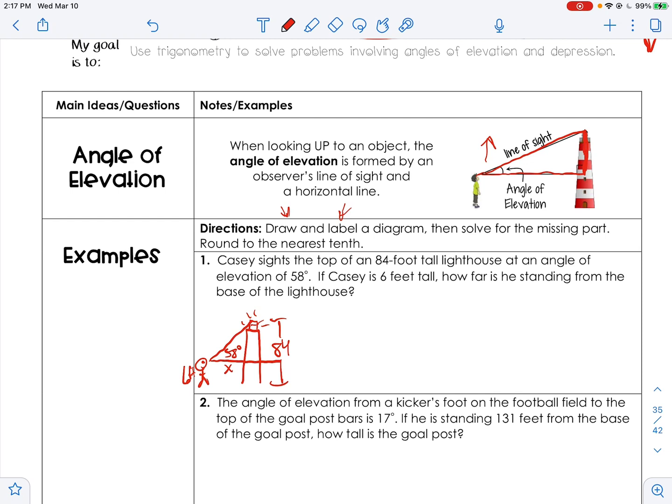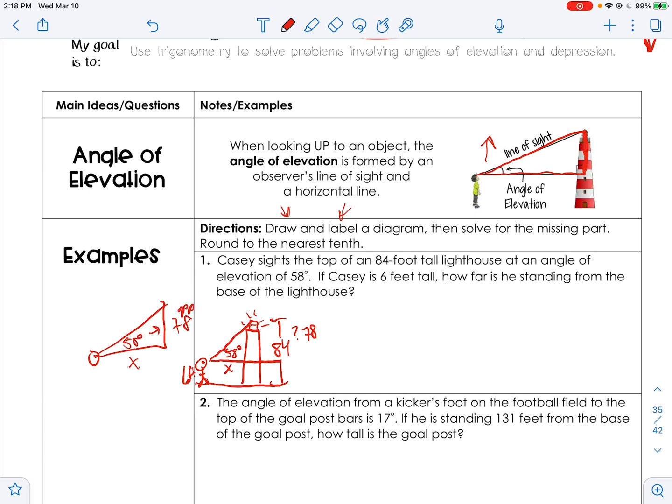So we want x, and the problem is we need to know this part. It's not 84, because 84 is from the ground up, but Casey's 6 feet, and his eyeballs are 6 feet high. So that means we got to take 6 off of this. So this is actually 78 on this piece. So if we draw this a little bit better, this is 78. We don't know this part, and that part's 58 degrees, and that's where Casey's little eyeballs are looking at the top.